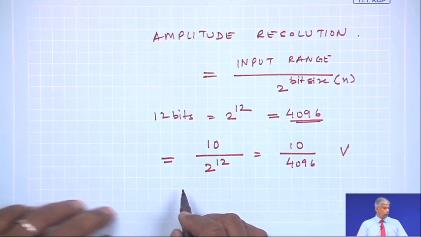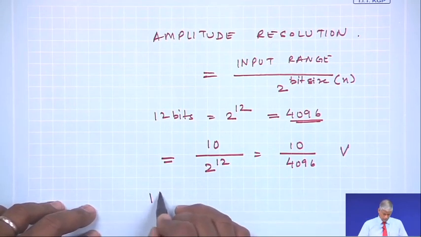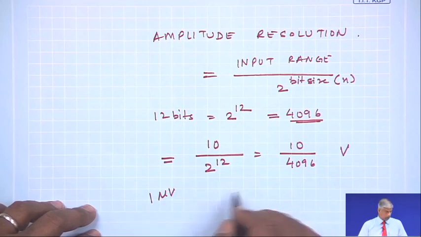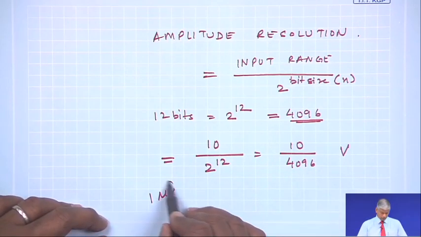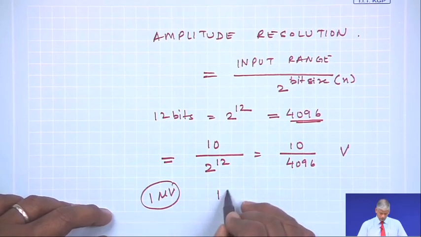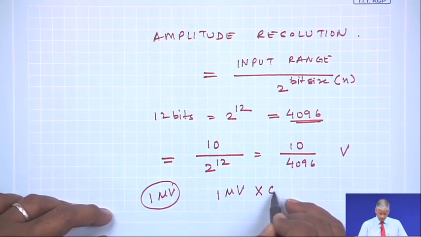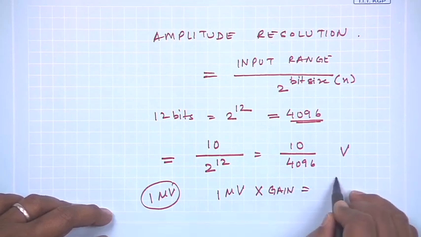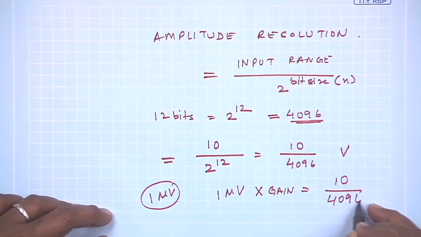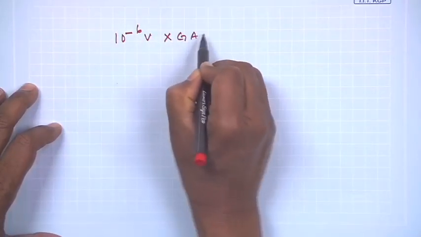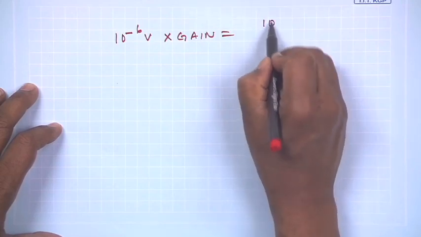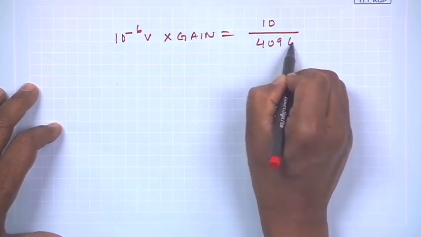This is some volt, but I need to sense 1 microvolt of my signal. So, I have to give a certain gain to this voltage so that it reaches this. So, 1 microvolt times the gain should be equal to 10 by 4096. 1 microvolt is 10 to the power minus 6 volt, times the gain, equal to 10 by 4096.